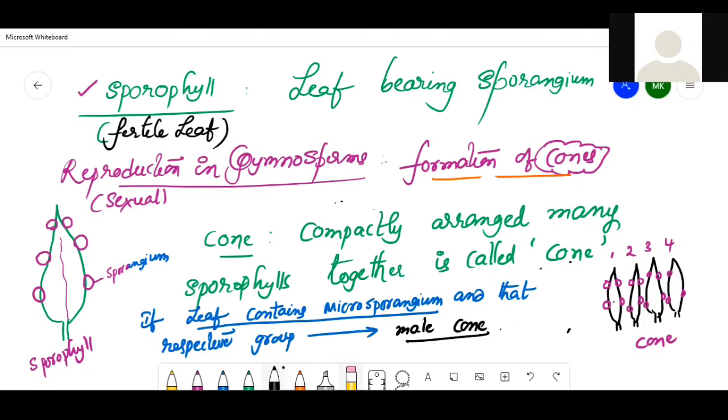Now, second one, in the same manner, female cone means if a leaf contains megasporangium. Simple thing. If the leaf contains megasporangium instead of microsporangium, that respective group together is called female cone.